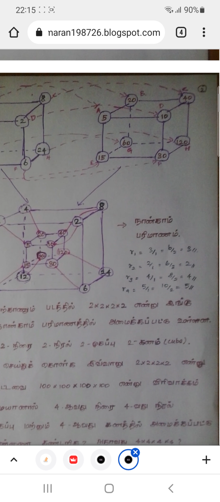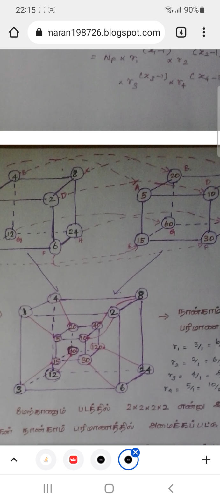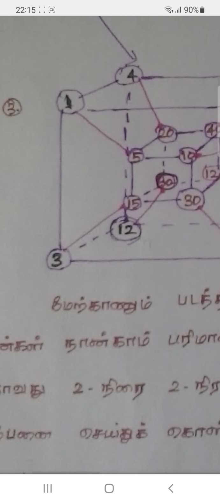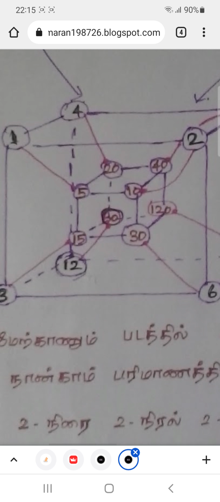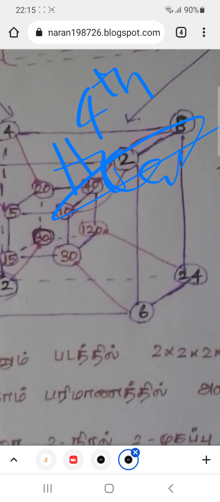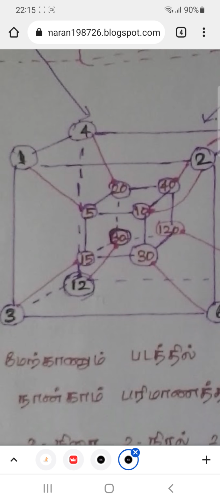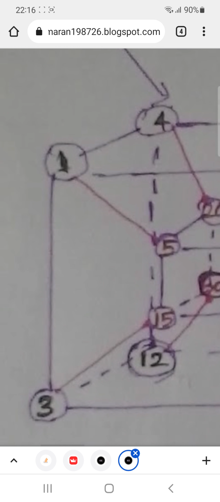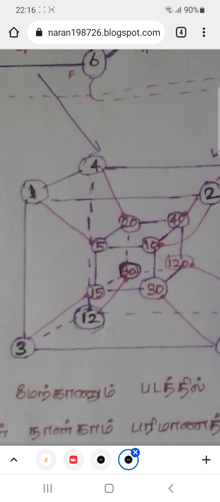Let me jump to the formula. In this example I'm having a fourth dimensional hypercube. If you see these numbers, the outermost cube starts with 1.